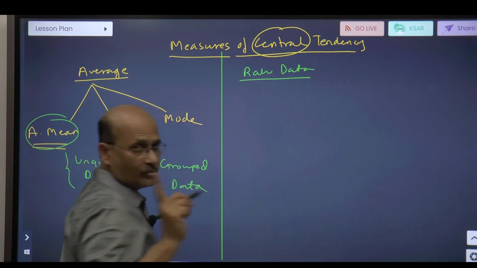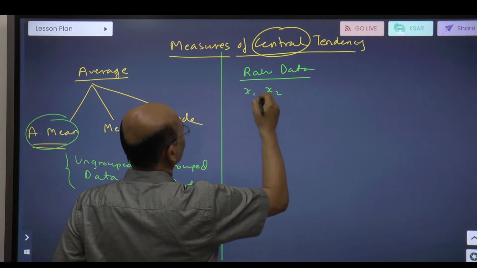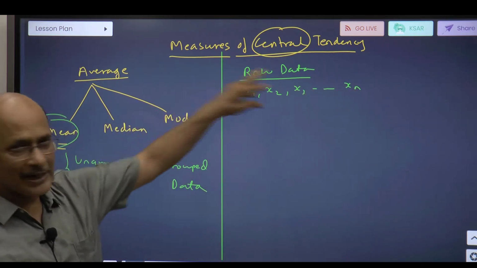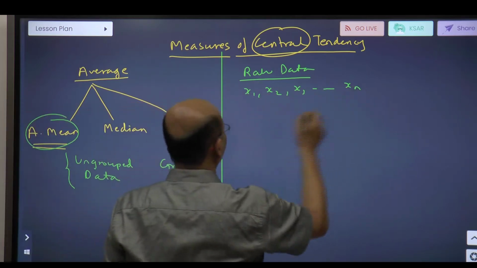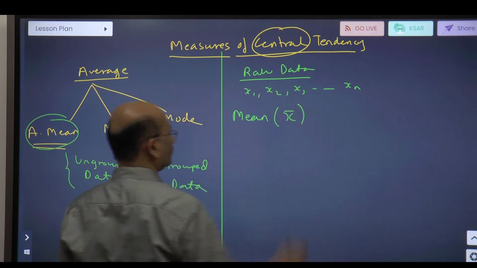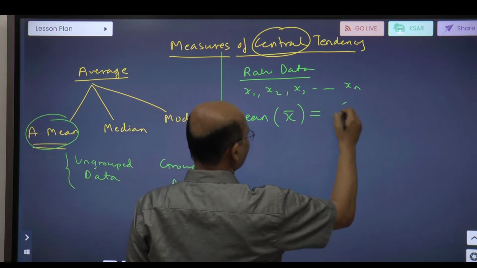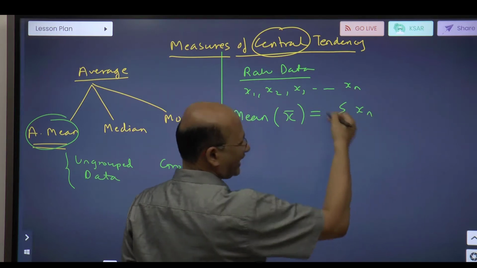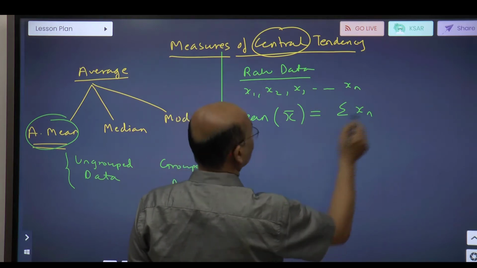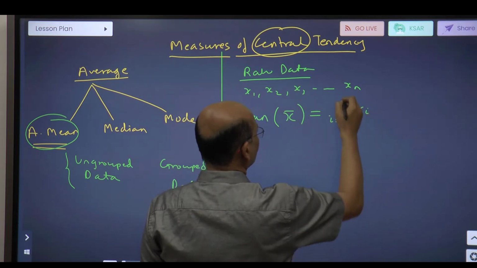Okay, very simple now. Listen to me very carefully. If x1, x2, x3 and so on up to xn are the items, then the mean, or you can also say arithmetic mean, which is denoted as x bar, I repeat, a small x bar, is given as the sum of xi, where i is equal to 1 to n.